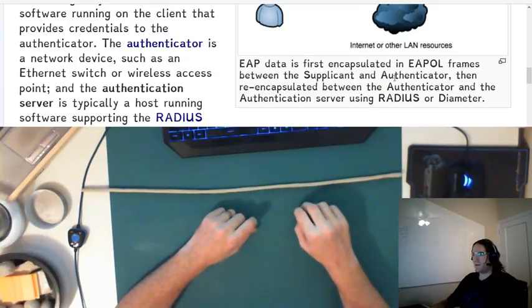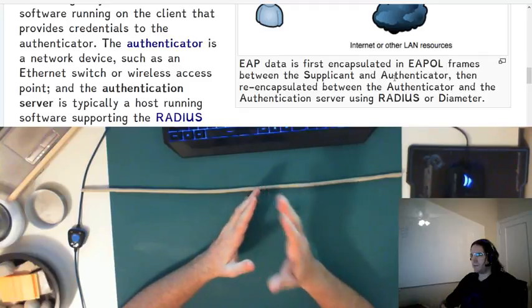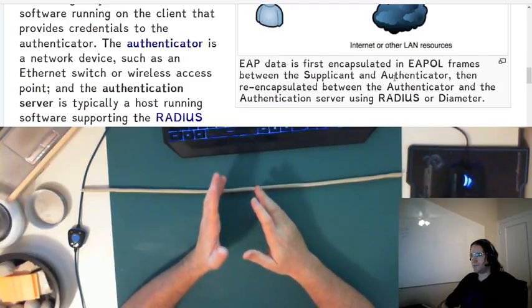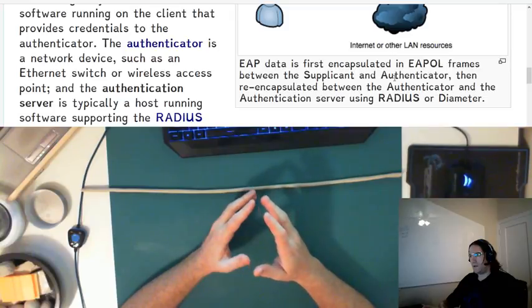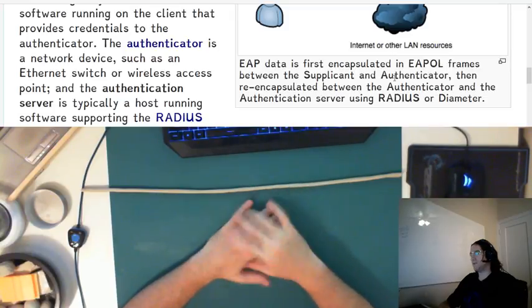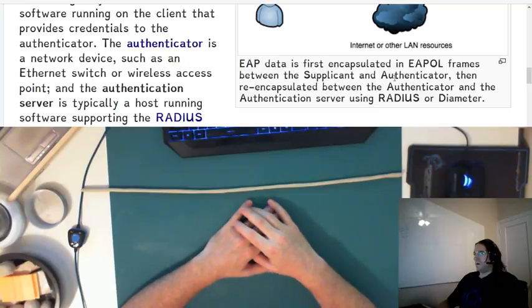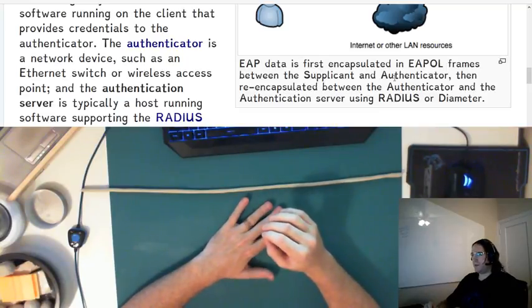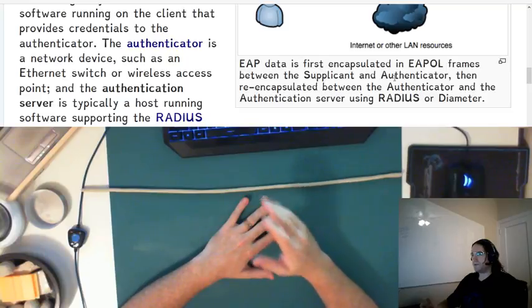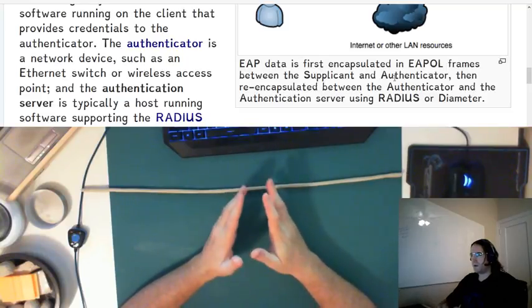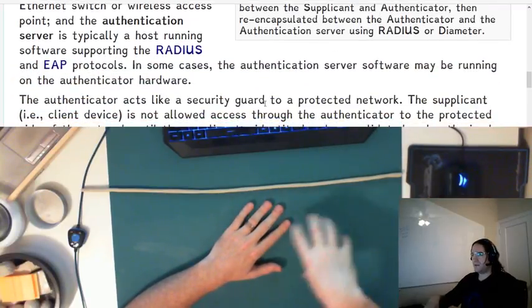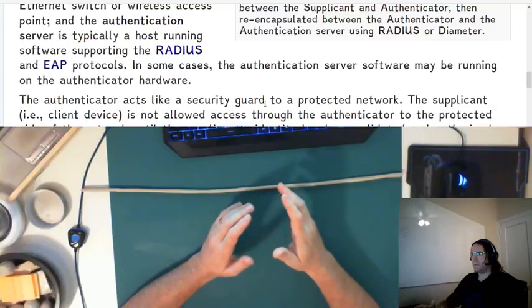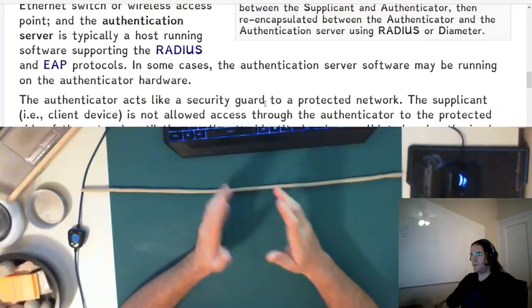The authenticator is a network device such as an Ethernet switch or a wireless access point, and the authentication server is typically running software supporting the RADIUS and EAP protocols.